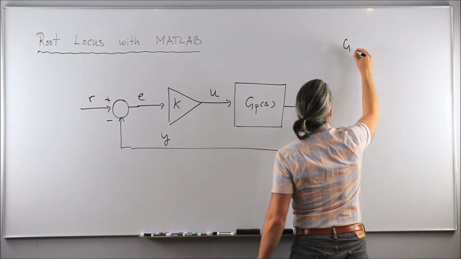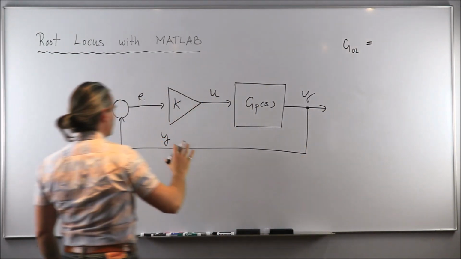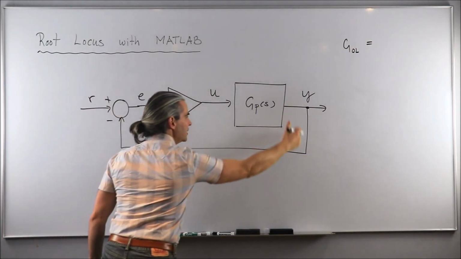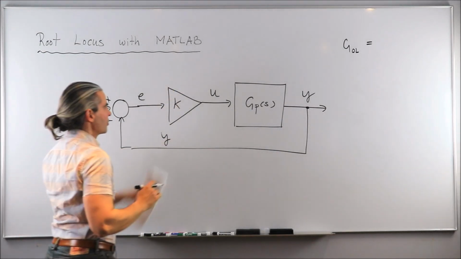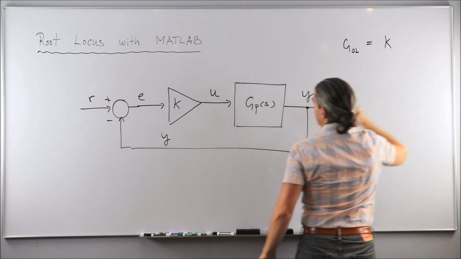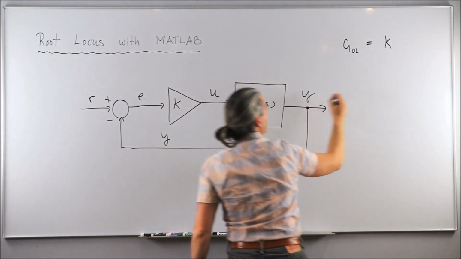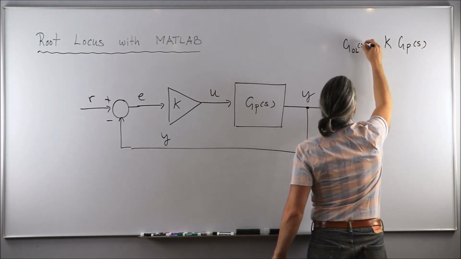transfer function, G open loop, which in this case, if you neglect the feedback loop here, all you have is K, the proportional control gain, that multiplies our plant transfer function G of P, okay, like that.